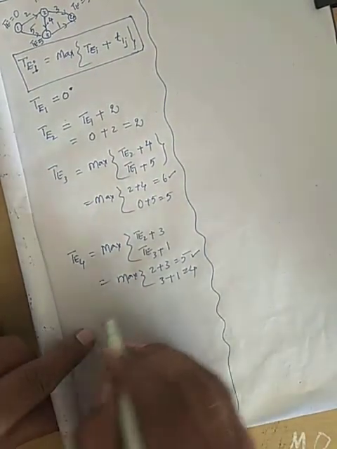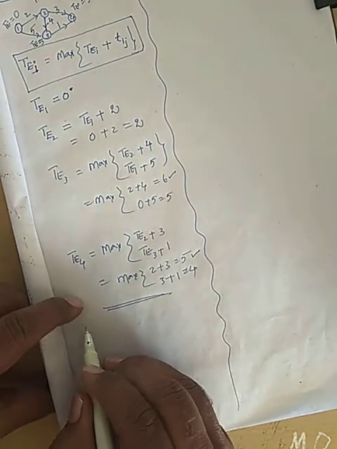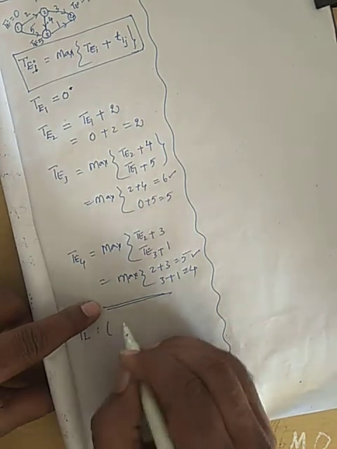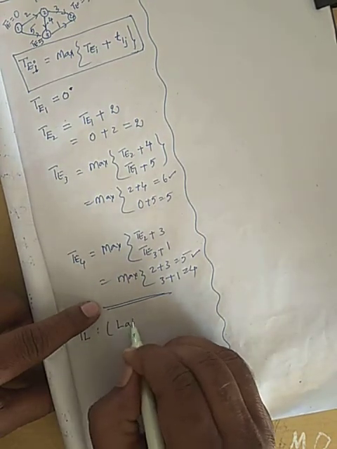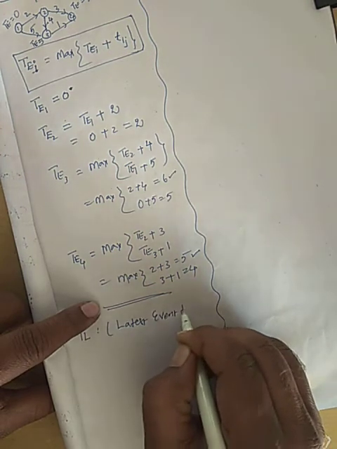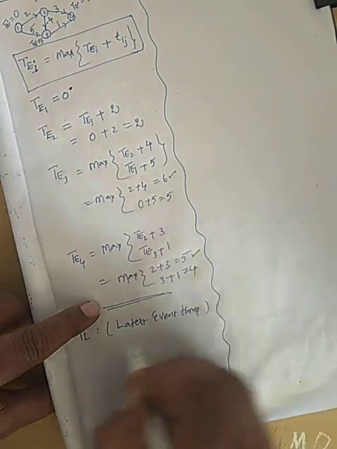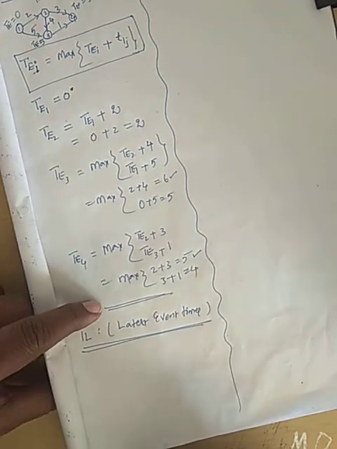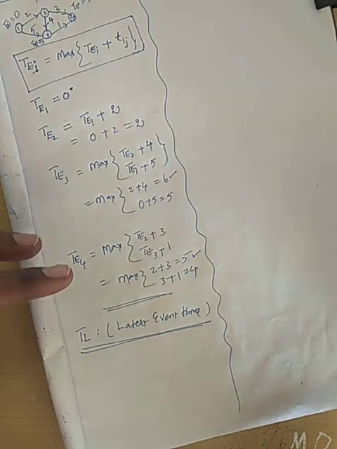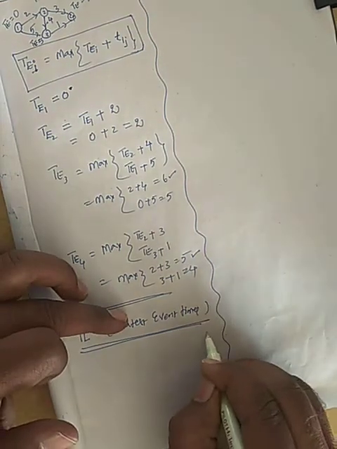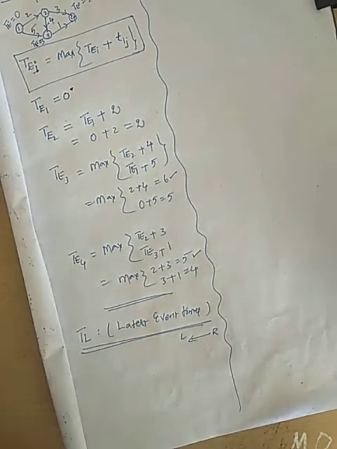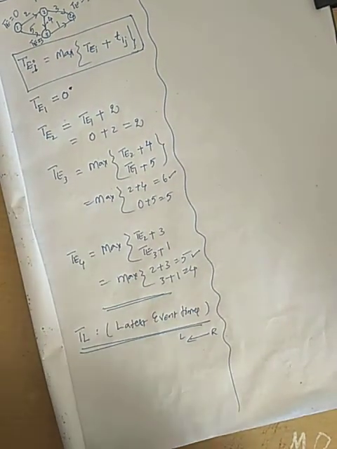Backward. So by the backward passing rule, what do you get? TL values. So what do you need? TL, latest event times. Okay. Backward means you have to come from right to left, that means from end event to beginning event.